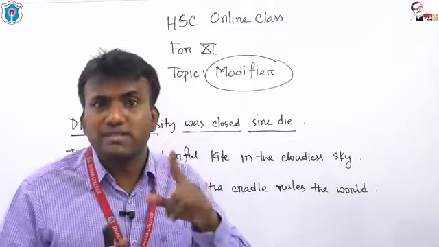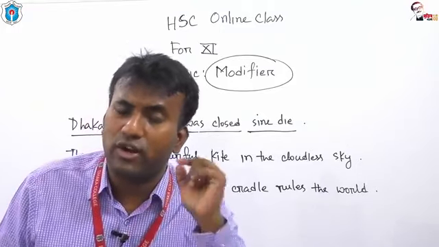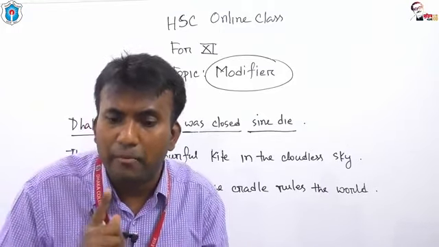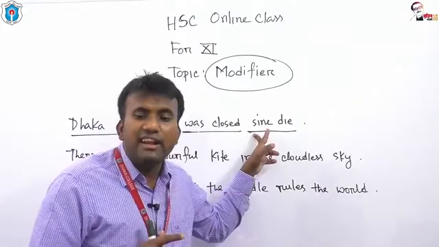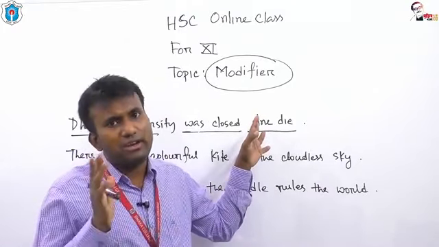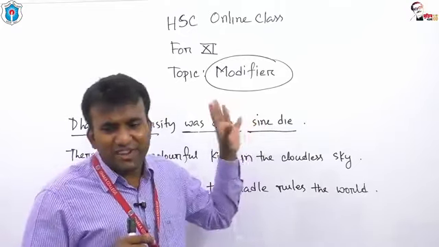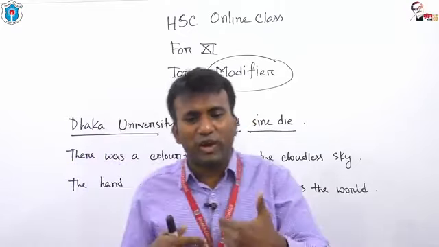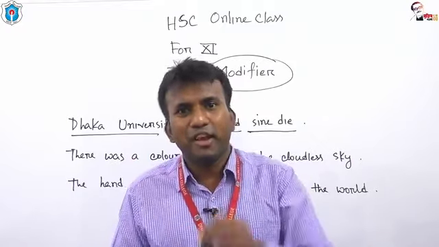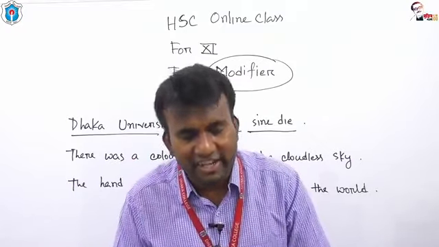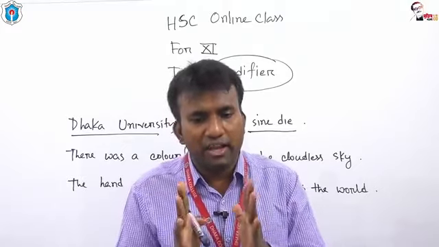The part which modifies any other part of the sentence is called a modifier. Here sine die is a modifier because it modifies was closed. Okay, from this first sentence it becomes quite clear to you that modifier can be a phrase. Modifier can be a phrase.